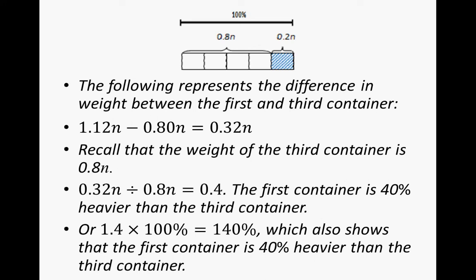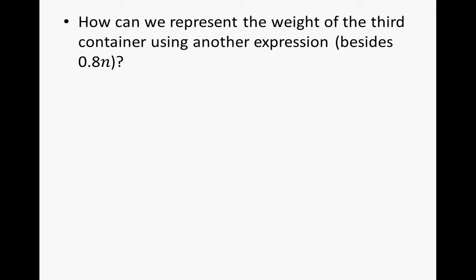Or you could say 1 4/10 times 100% is 140%, which also shows that the first container is 40% heavier than the third container. So how can we represent the weight of the third container using another expression besides 8/10 n?